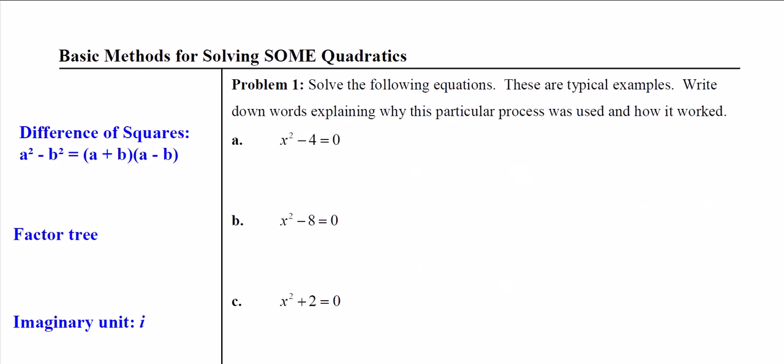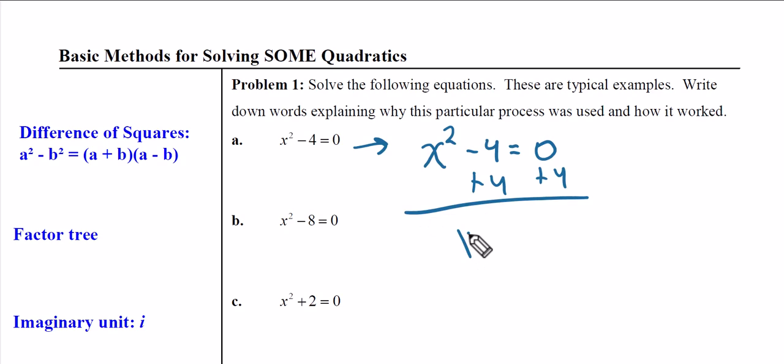However, because we live in a more sophisticated age, we're going to go ahead and do this a different way to show you what's going on. What if I move this 4 to the other side? I get x squared equals 4. Now, conceptually, we could ask you the question, well, what number, if I square it, would give me a 4? And you would say, oh, 2. 2 squared is 4. Well, what about negative 2? Negative 2 times negative 2 is a positive 4.